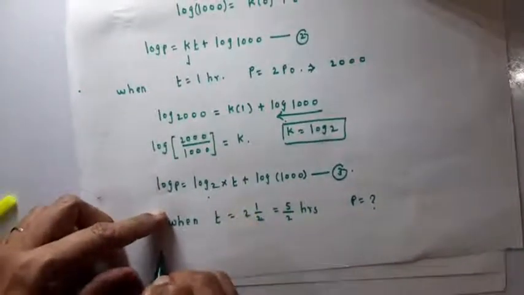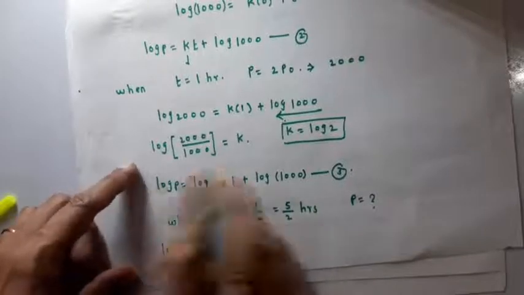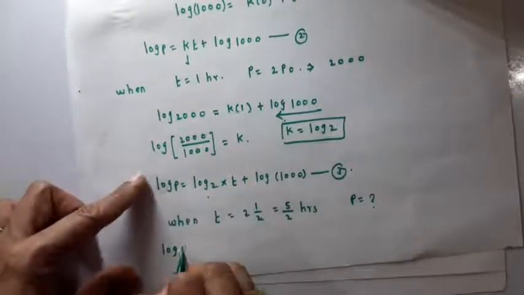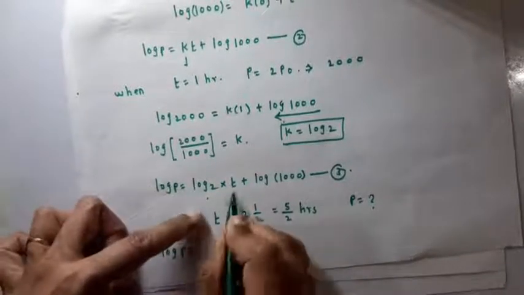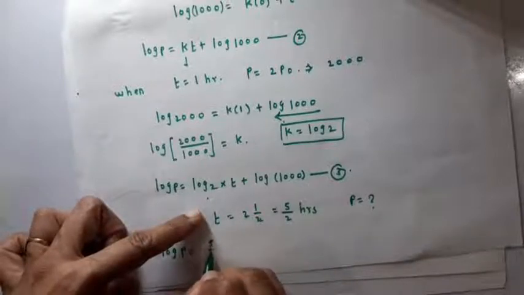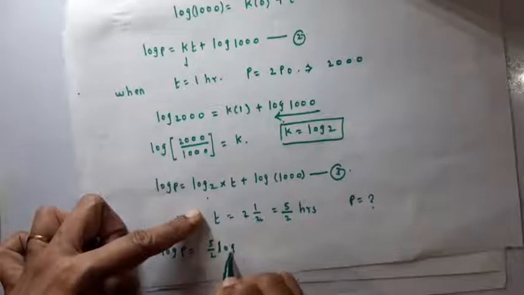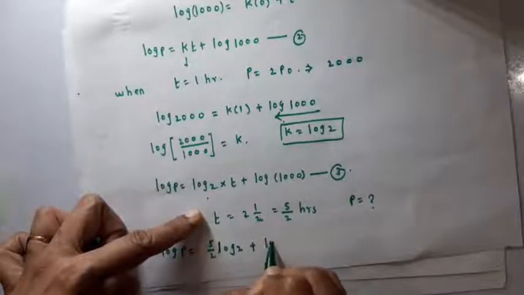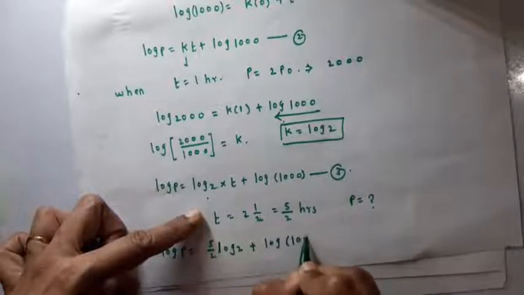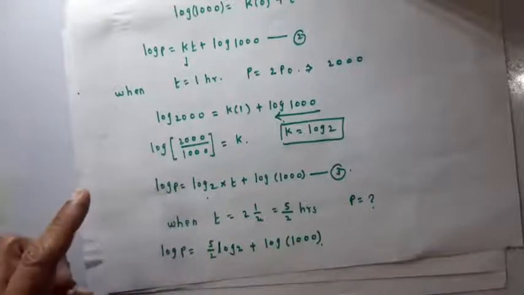We get log of P equal to, the value of t is 5 by 2, into log of 2 plus log of 1000. Okay, in this way.